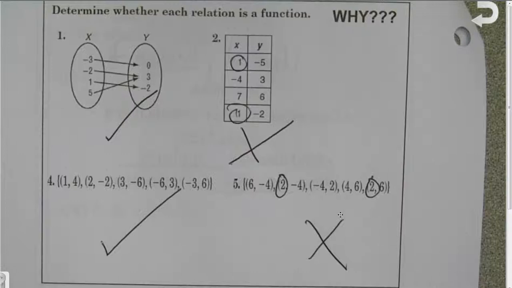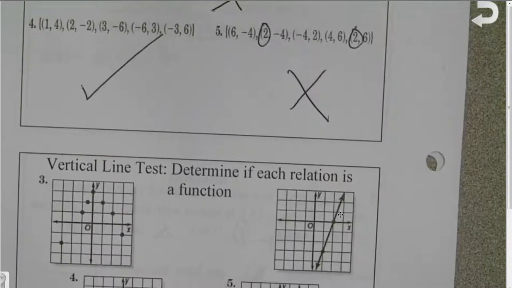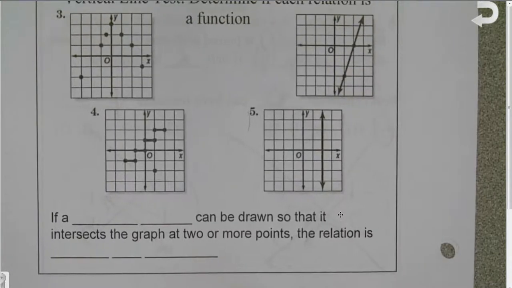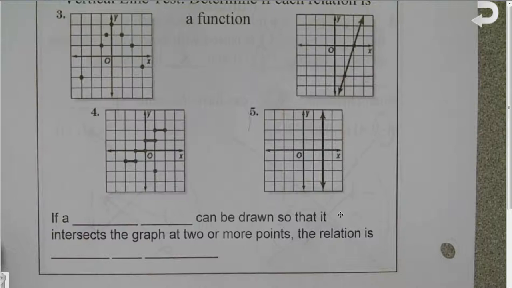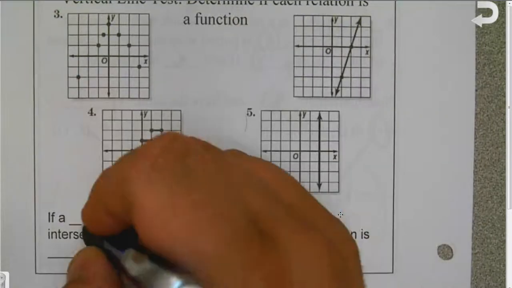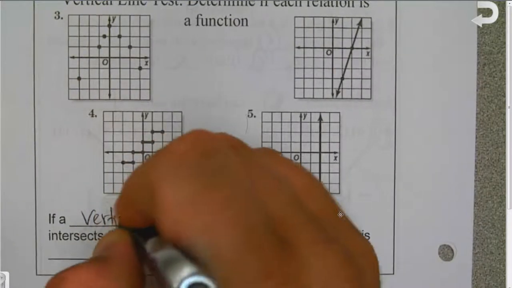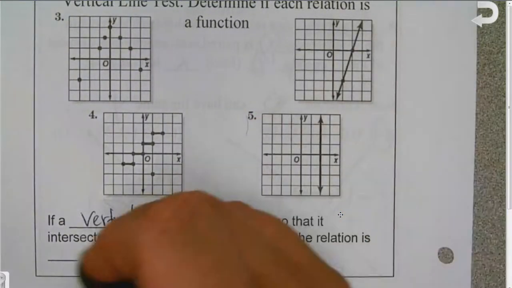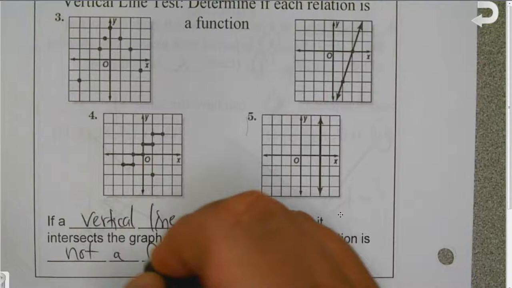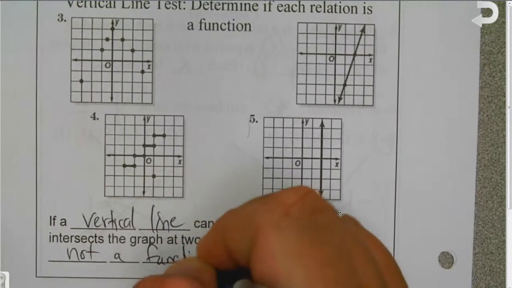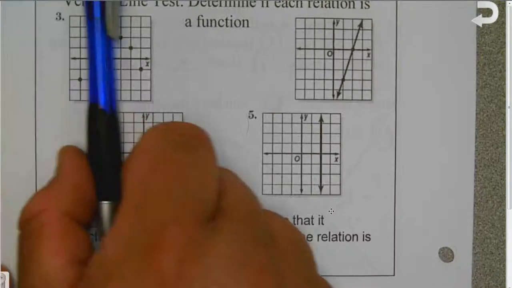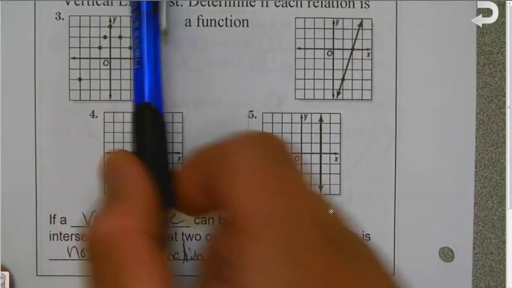The reason why we check the x's is because a group of points or a line has to pass the vertical line test to determine whether or not they are a function. And so the rule is, if a vertical line can be drawn so that it intersects the graph at 2 or more points, then the relationship is not a function. So if I take my pen and go across these graphs, do I ever hit more than one point?